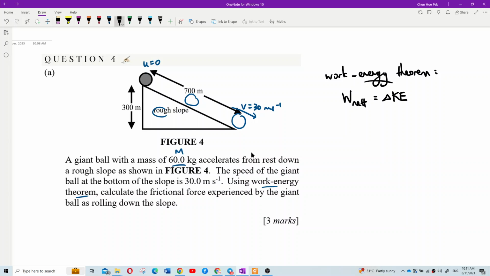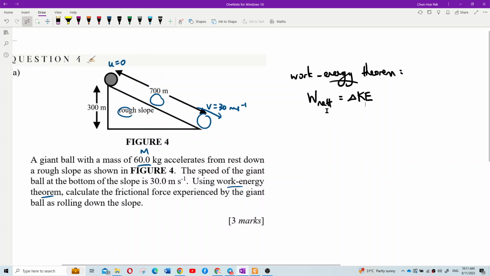Right, class? So he asks you to find the frictional force. The net work done itself is the change of kinetic energy.